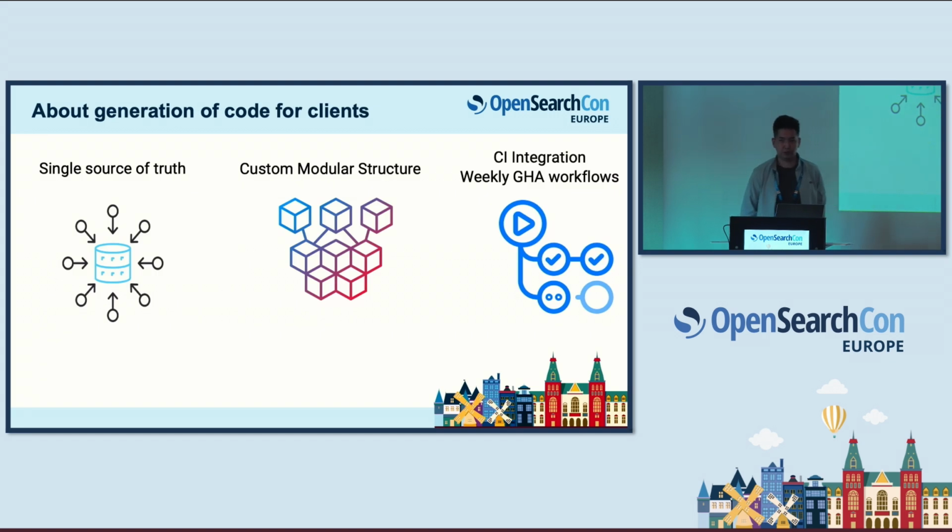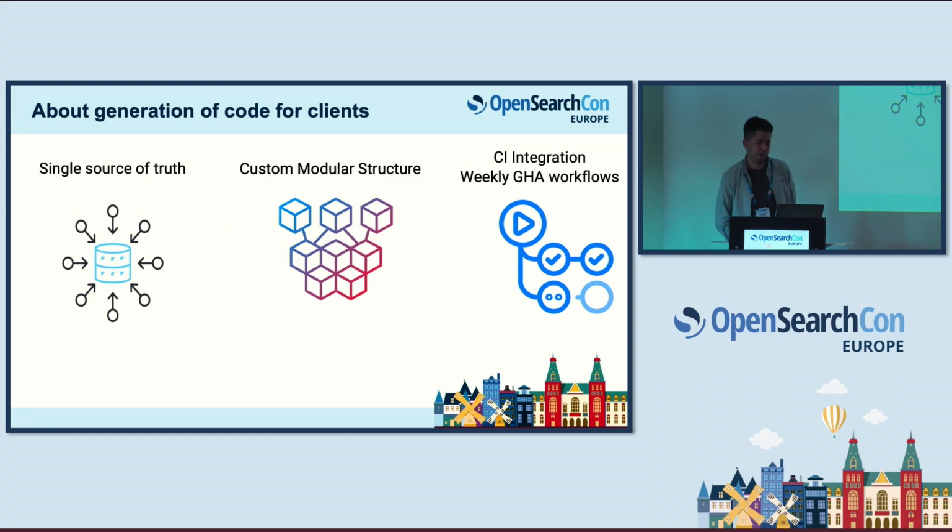So what is our solution here? We prepared one source of truth, the OpenSearch API Specification repository, where we keep all the paths of OpenSearch, more than 1,000 paths.